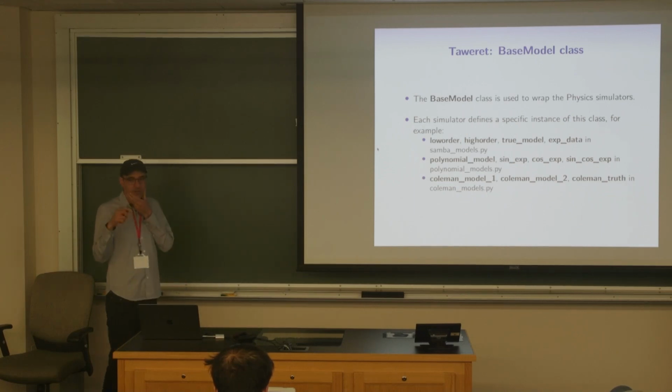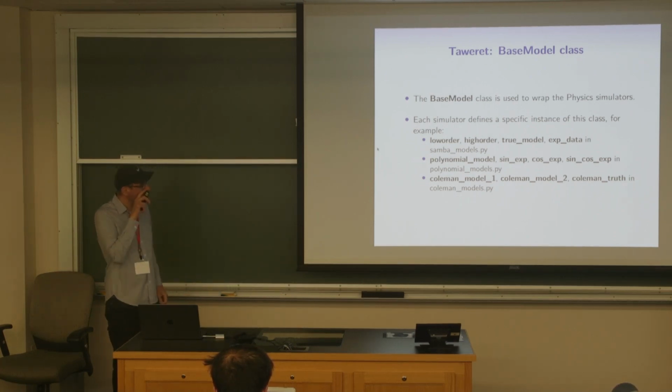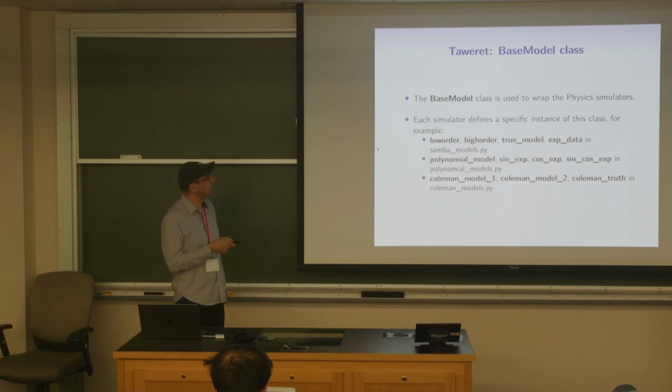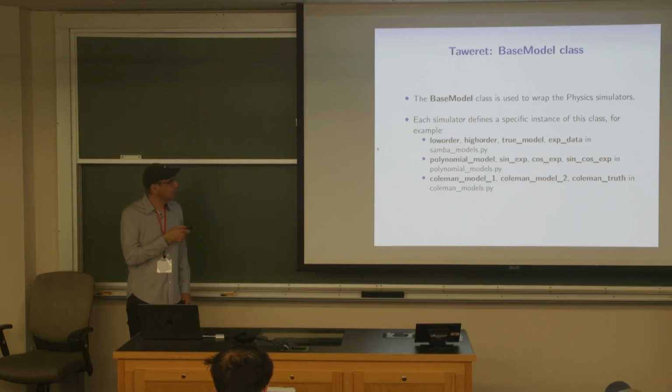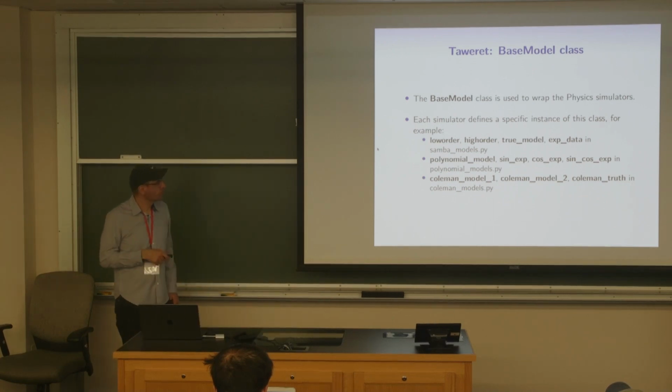Okay, to get that set of models, we have to use that base model class. There are some defined in the Tawaret repo right now. For instance, these models here are originally from the sample package, so those are the ones that appear in Alexandra's work.